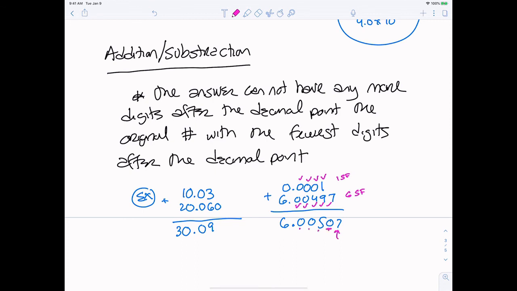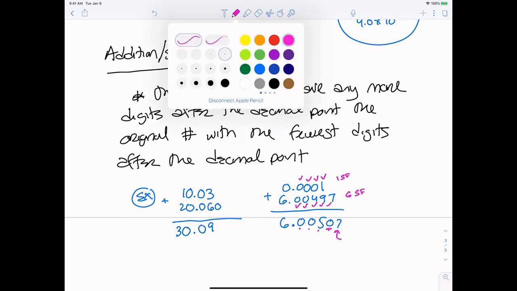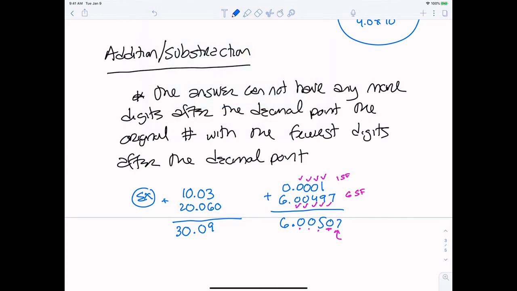So I need to drop that number. It's greater than 5, so this is going to be 6.0061 as my answer. Ooh, 51, sorry. This stuff isn't confusing enough. 6.0051 is going to be my answer.